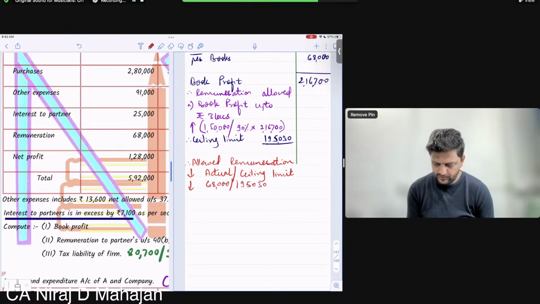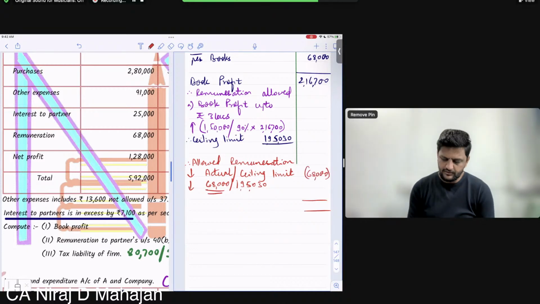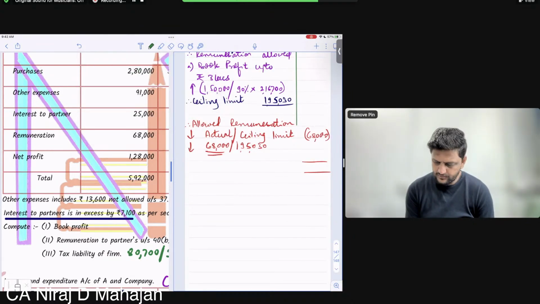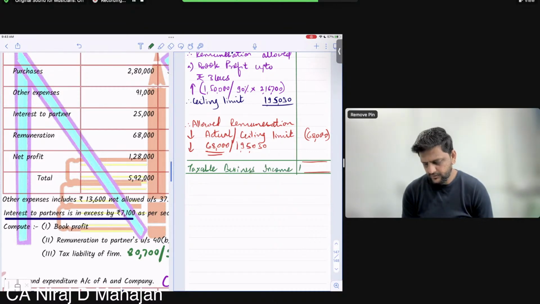We allow obviously बच्चों then actuals only 68,000. Clear till here? अरे हाँ. That is my taxable business income, है ना? All of you okay till here? $148,700. Is it okay, everybody?